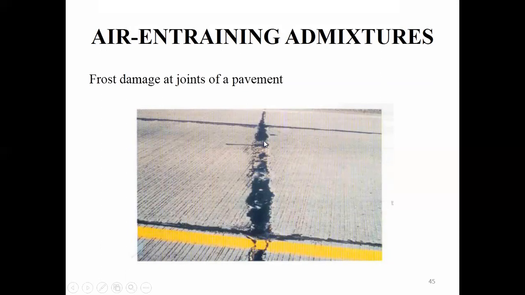So what happens? Here you have the crack. This crack will be filled by some amount of water. Then the temperature gets below the freezing point, and below the freezing point it is capable of making the water in this crack into ice.